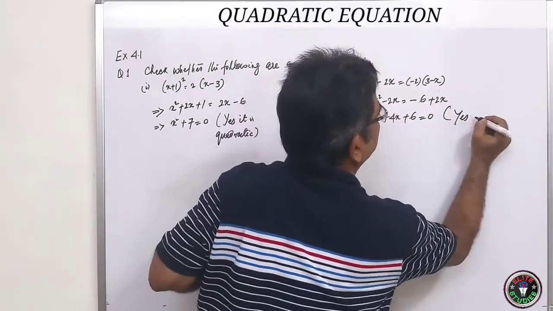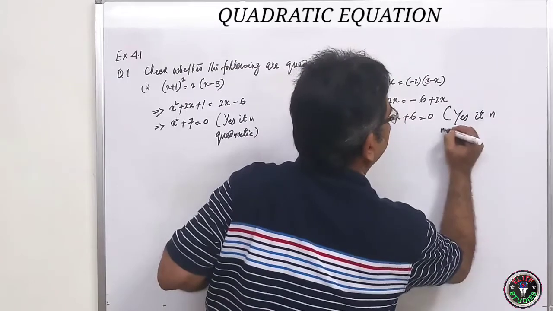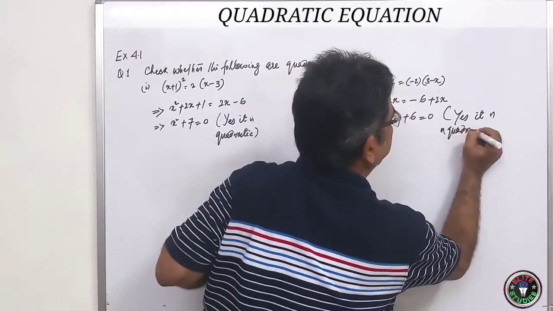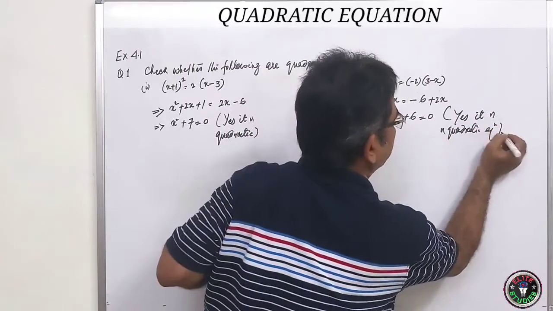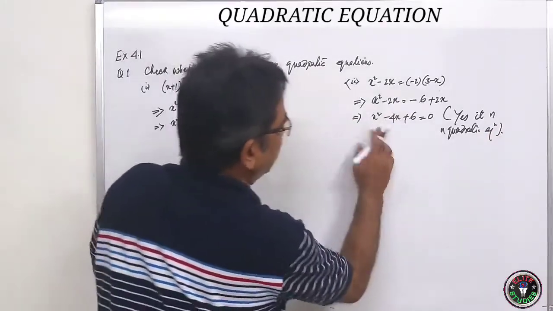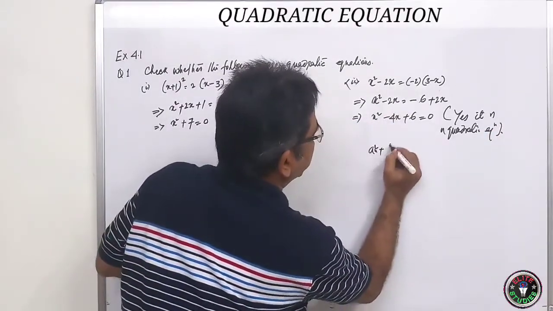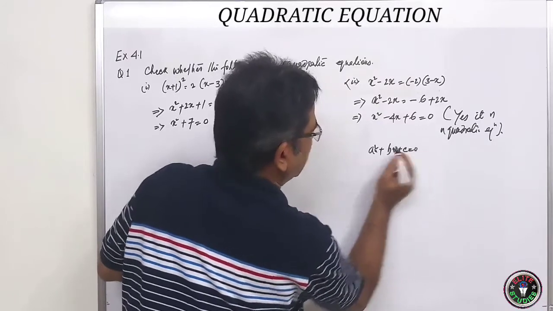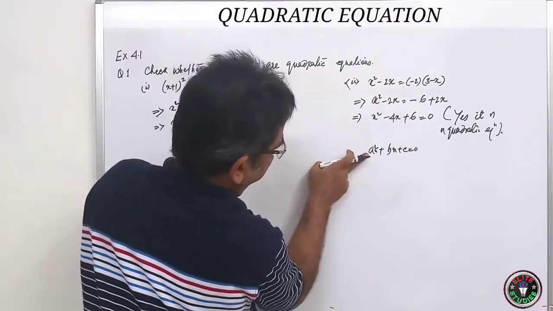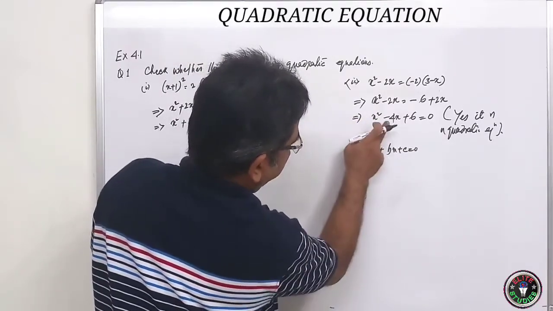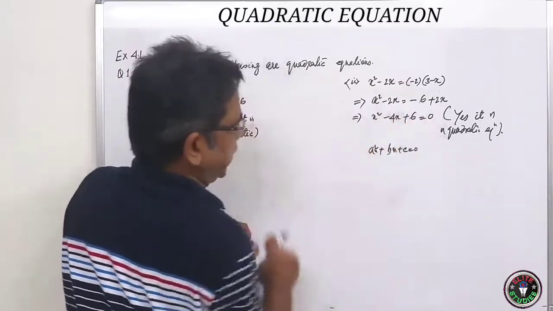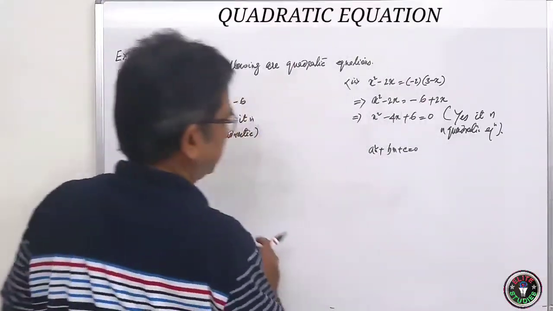Yes, it is a quadratic equation, because it can be written in the form of ax square plus bx plus c is equal to 0. In place of a it is 1, for b it is minus 4 and c is 6. So this is again a quadratic equation.